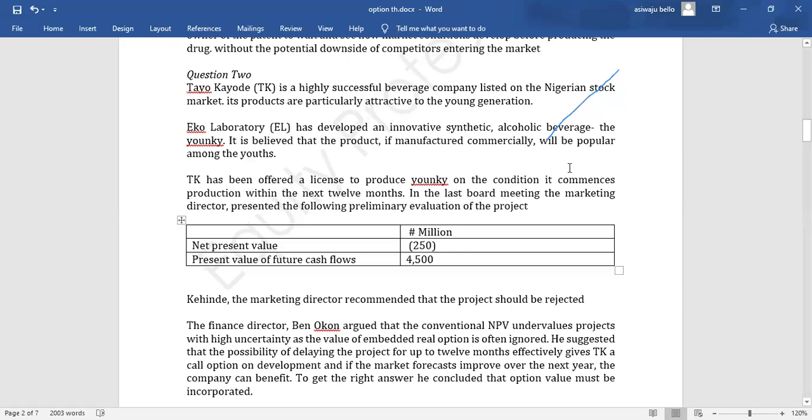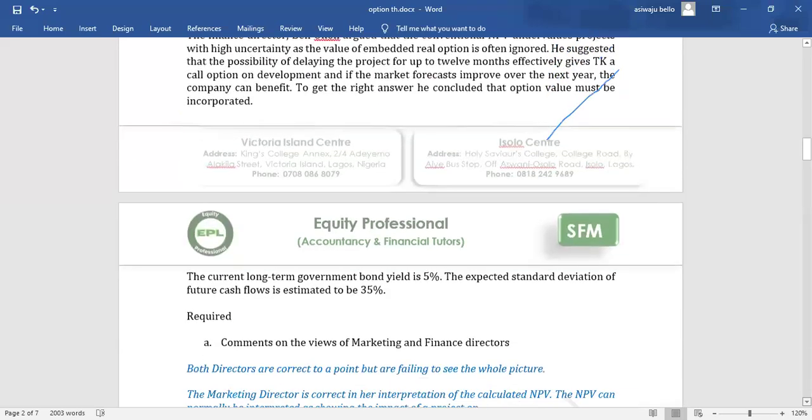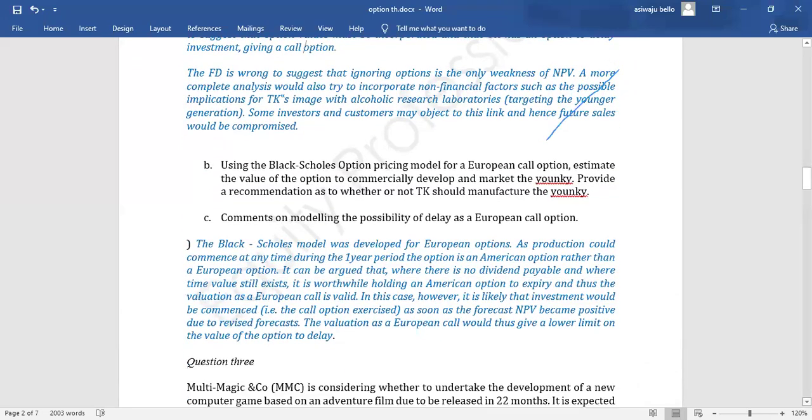Now, if you want to go to the comments, look at the comment, please. The Black-Scholes model was developed for European options.